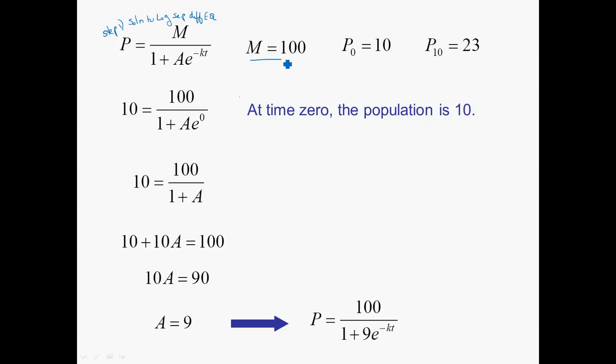Okay. I had to get my carrying capacity, and I had to get 2 points. I need 2 points because I'm going to be solving for 2 unknowns. My A, which is not really my initial condition, I shouldn't have said that before, it's kind of a manipulation of your initial condition, right? And then this constant of proportionality. I need to solve for both of those, so I need 2 points. So I just solved for A.